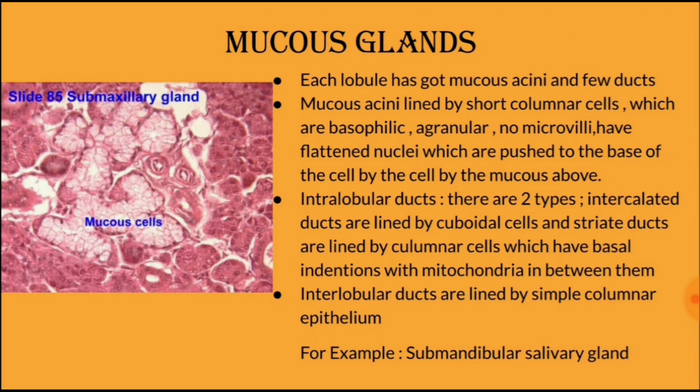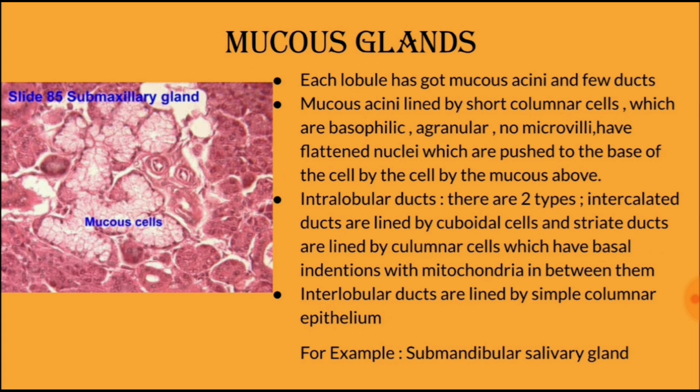Moving to the next type of gland, which is the mucous gland. This mucous gland also consists of many lobules which have a mucous acini as well as very few ducts. What is this mucous acini lined with? It has short columnar cells which are basophilic, with a basic nature.